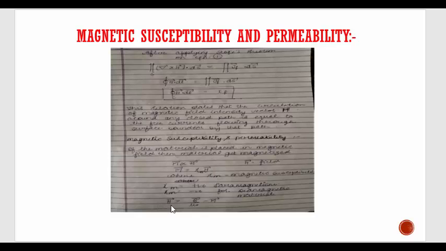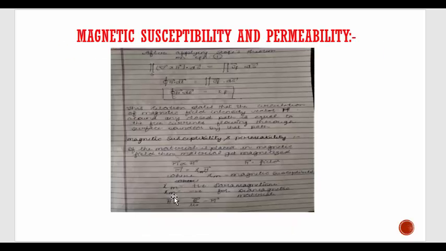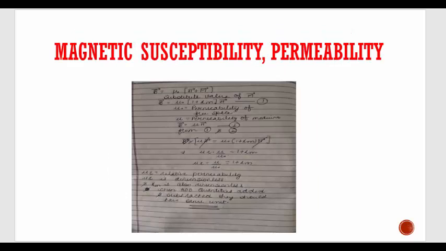So from the expression H is equal to B vector upon mu naught minus M, here M is the magnetizing vector. After that we get H and M, so we have to fill the value of H here.